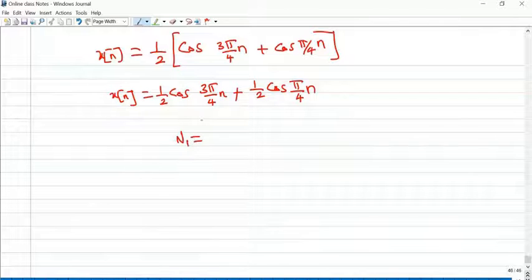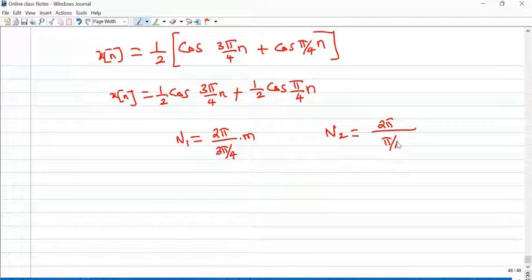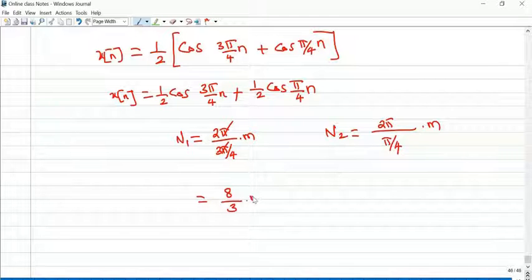Fundamental time period of the first component, 2 pi divided by 3 pi by 4 dot m. n2 equal to 2 pi divided by pi by 4 dot m. So this pi term cancels, 4 times 2, 8 by 3 m. n2 equal to, this pi term cancels, 4 times 2, 8 m.